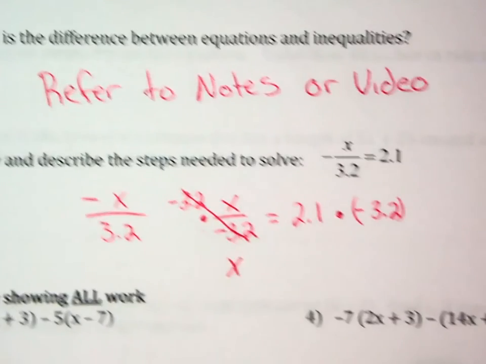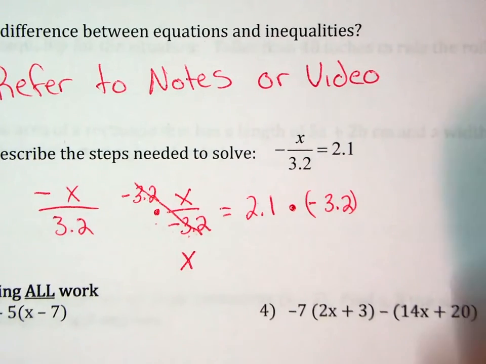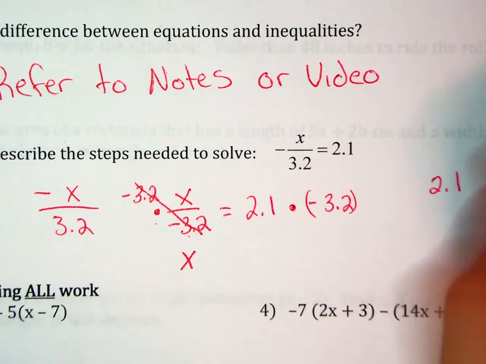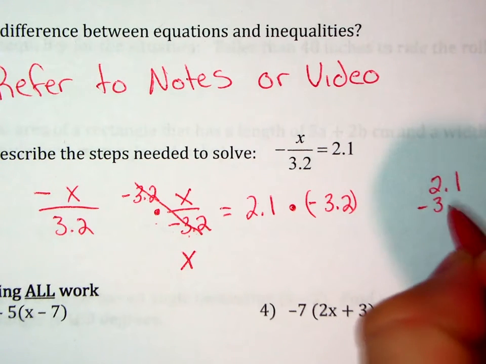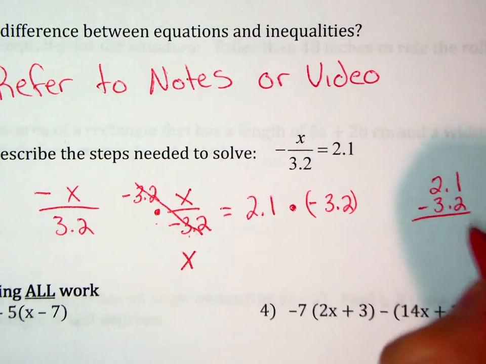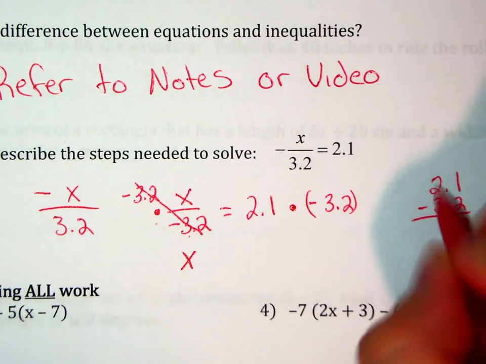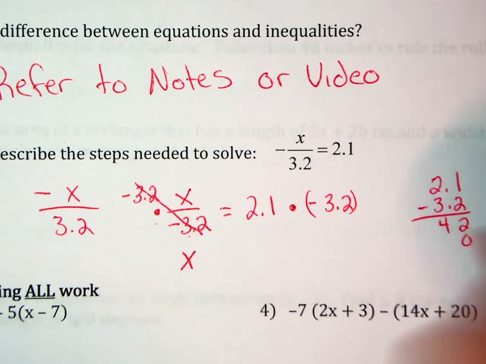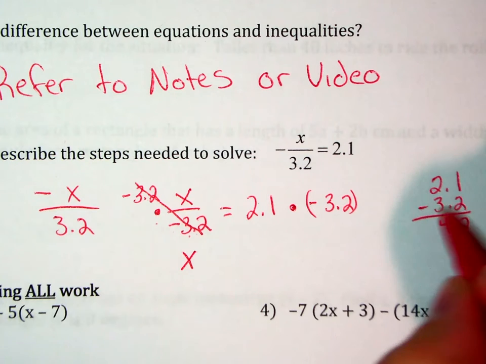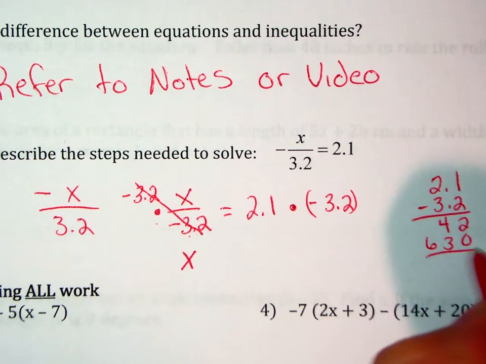And so now we're just simply multiplying two decimals. 2.1 times negative 3.2. 2 times 1 is 2. 2 times 2 is 4. Bring down my 0. 3 times 1 is 3. 3 times 2 is 6.